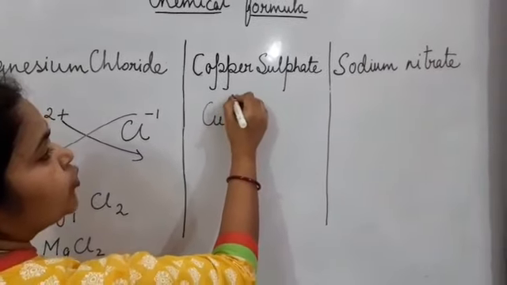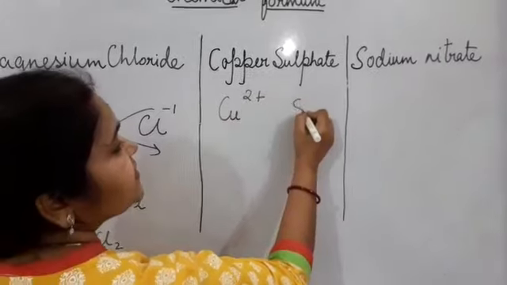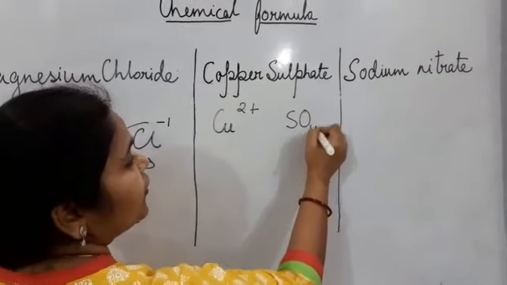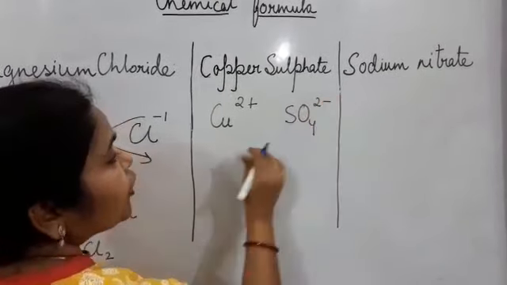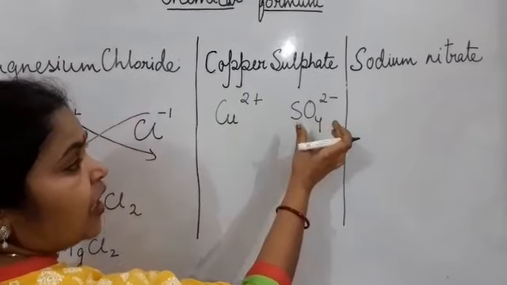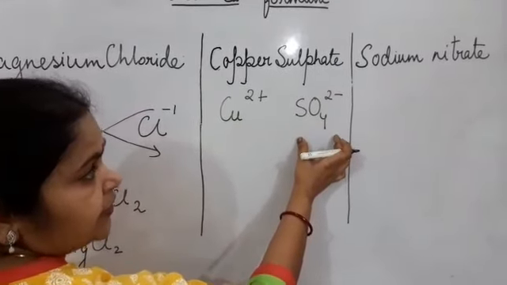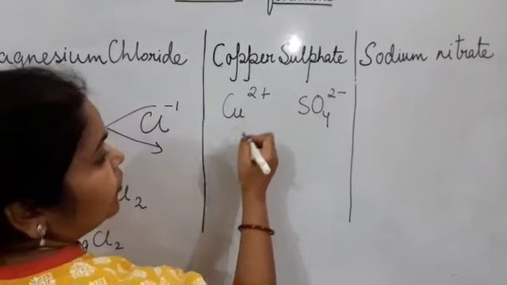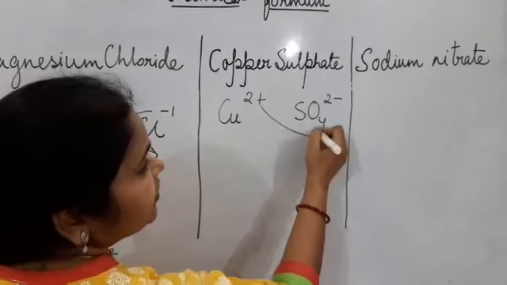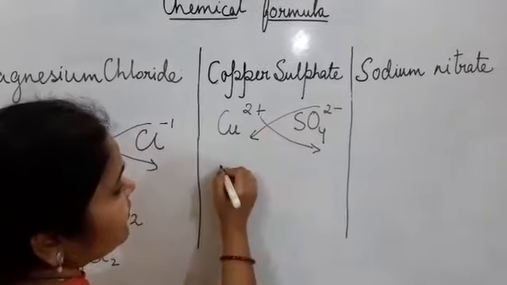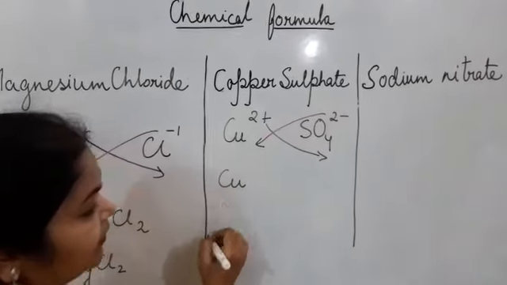The next example we take is copper sulfate. Copper is Cu2+ and sulfate is SO4 2 minus. Note, this is a polyatomic ion. So again exchange the valencies and see carefully how I am writing.